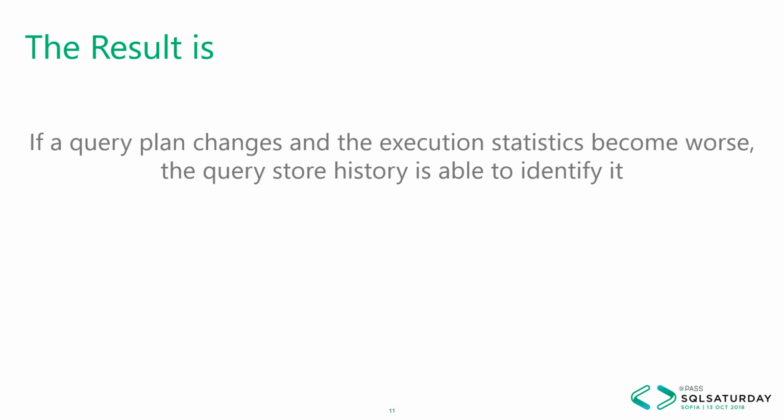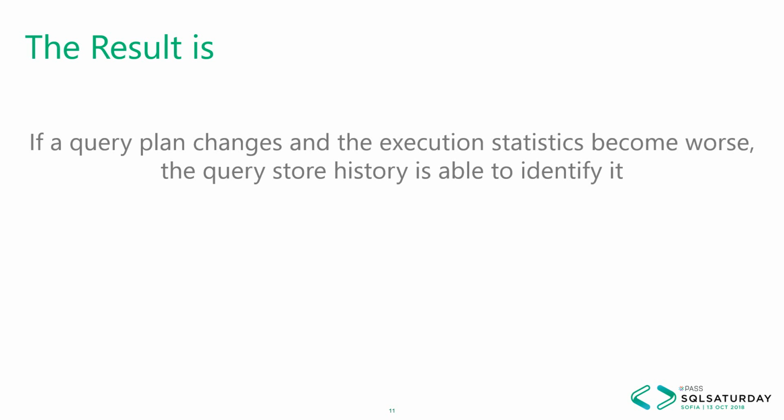And the result of all this captured information is that if a query plan changes and the execution statistics become worse, the Query Store history is able to identify it.